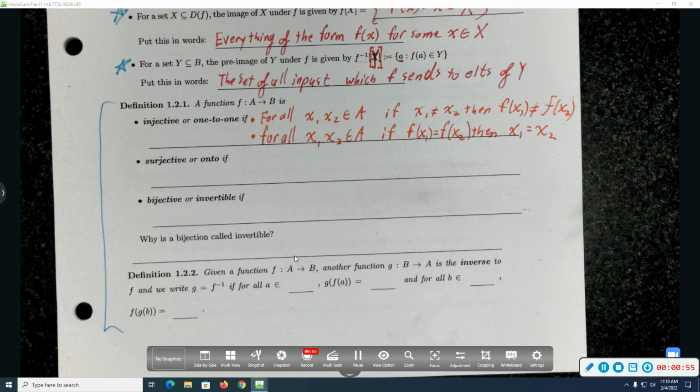So, what's another way of saying everything in the codomain? For all y, and I'll use y instead of x just because it's an output. Outputs are usually y values. It doesn't matter what you call the variable.